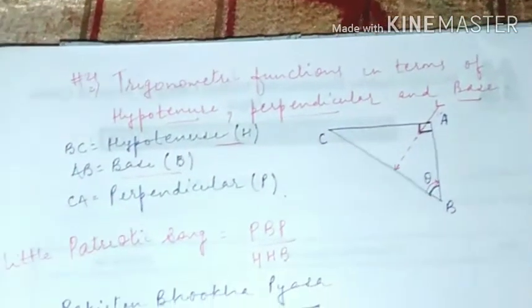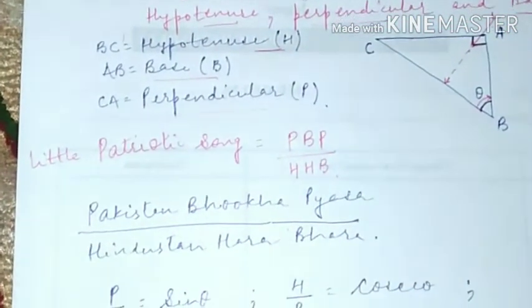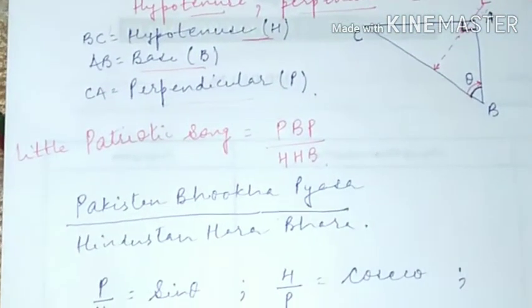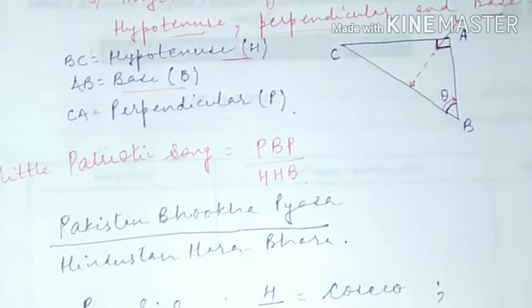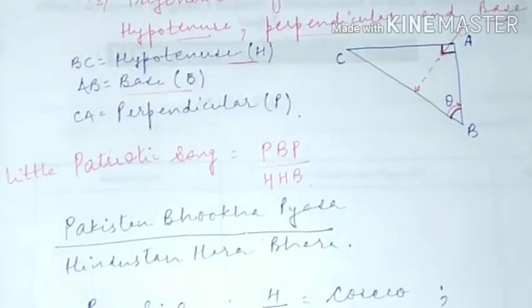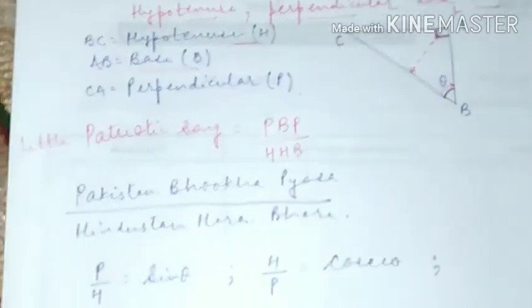Now moving towards a very interesting point of this video, as you can see on the screen, a little patriotic song. That is PBP upon HSB. How will I remember this song?